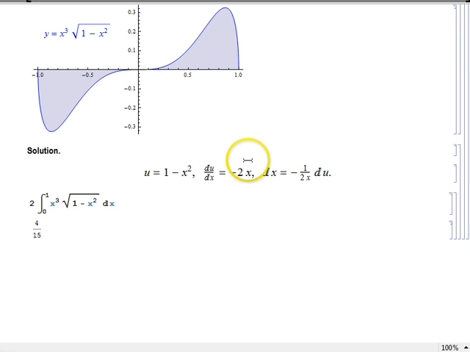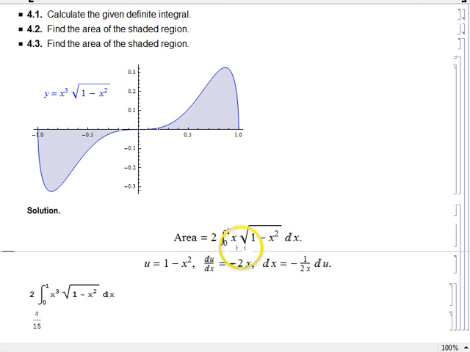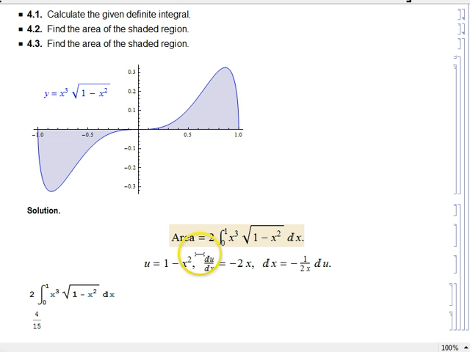So this is the integral we are calculating. The first step is the same. u is the inside. The derivative du/dx is, of course, -2x. And then dx can be calculated as 1 over -2x times du.